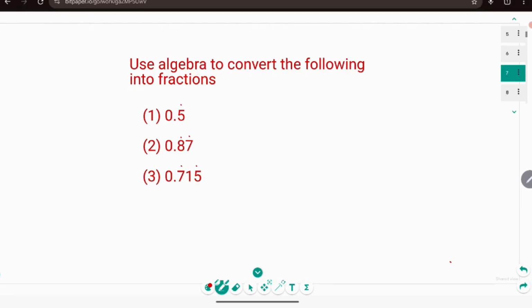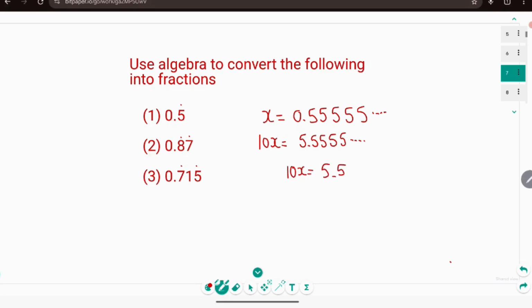I'm going to go through each one of these individually. First one is a single digit recurring. I'm going to let x equal 0.555 recurring and multiplying it by 10. I'm going to write the 10x at the top. 1x at the bottom.